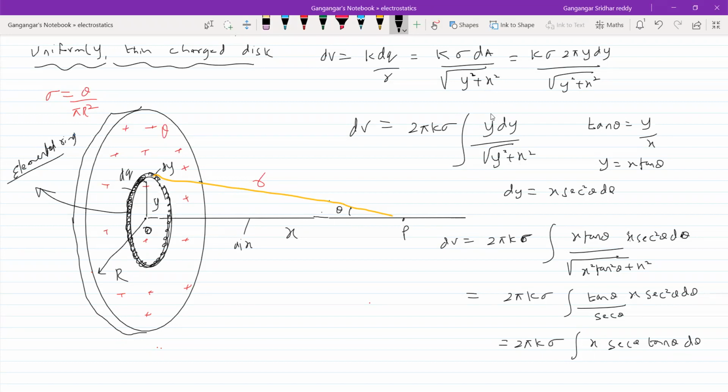Okay, till here? Now what is sigma? We'll substitute the sigma value.